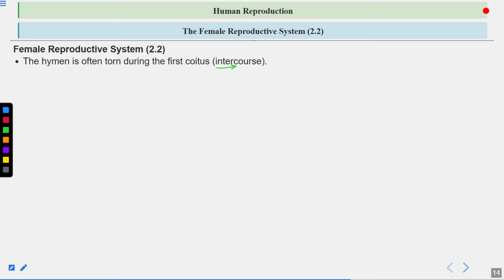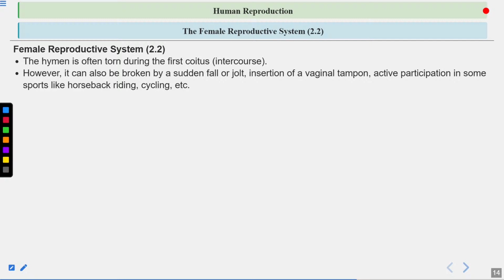What are these reasons? They can be a sudden jolt, or if a person falls, or due to cycling, the hymen can break in females. Okay, clear. However, it can also be broken by a sudden fall or jolt, insertion of vaginal tampons.